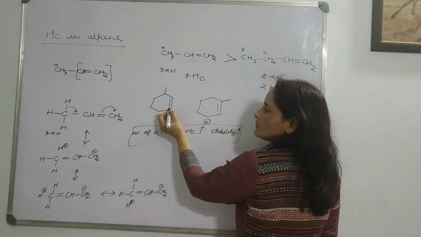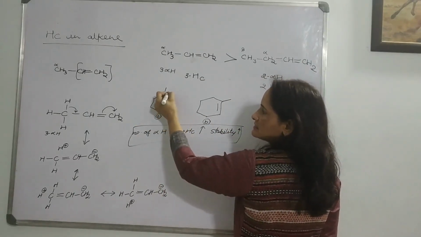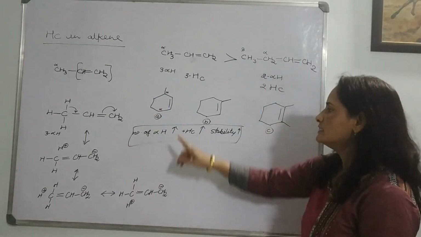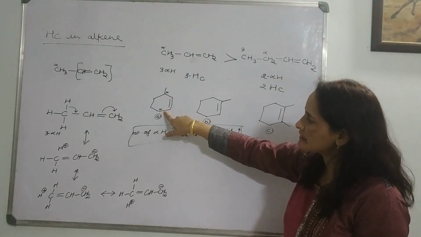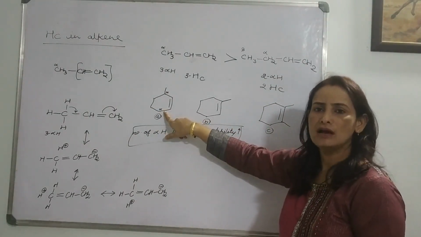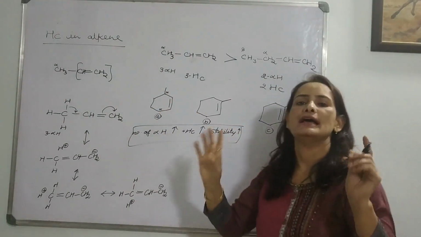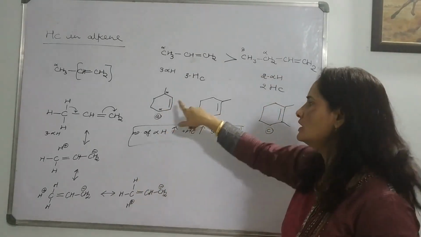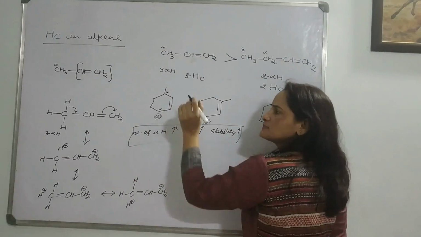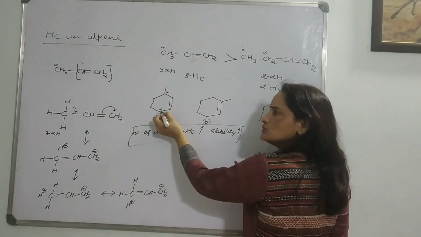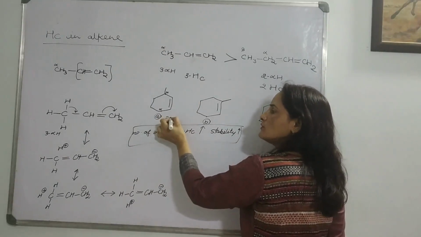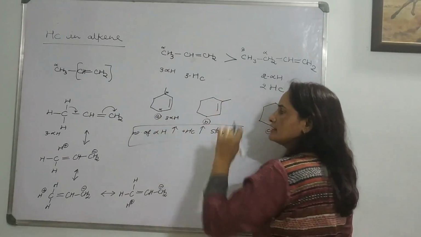Now here, with respect to this alkene, this position is alpha as well as this position is alpha. First of all, check that they are sp3 hybridized. They are sp3, there is no sp2. So these alpha carbons are sp3 hybridized. One has 2 hydrogens and this one has 1 hydrogen. So there are 3 alpha hydrogens.